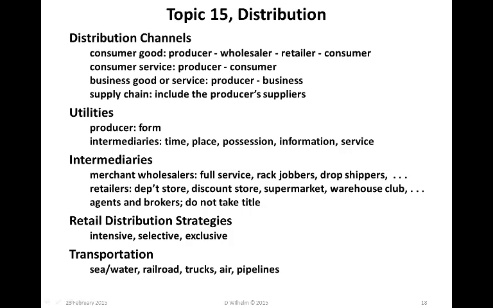Intermediaries provide the rest of the services: time utility, place utility, typically provided by stores, possession utility, credit and delivery, information provided by lots of folks, and service utilities after the sale, fixing things. You don't actually need the intermediaries themselves. You do need their services somehow.